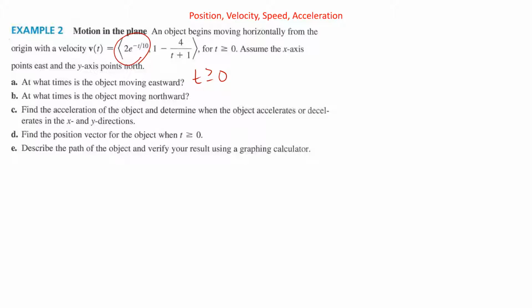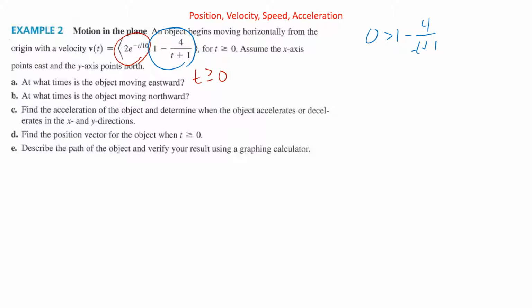At what time is the object moving northward? So for this one, we need the y value to be positive. So for the y value to be positive, we just need to say 0 is greater than 1 minus 4 over t plus 1.